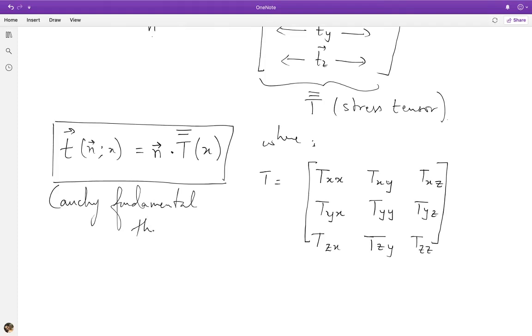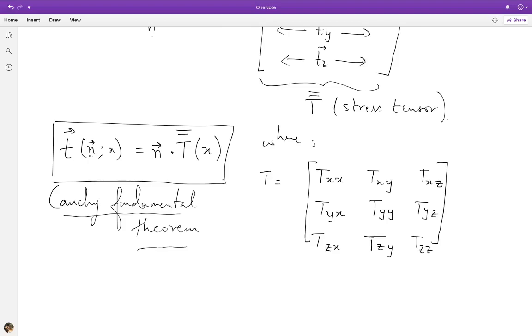I hope that by going through this derivation, you will feel some more comfort with dealing with the stress tensor, now that you see that it is actually a huge simplification of the general situation where the stress could have infinite different values based on the infinite orientations of a surface.